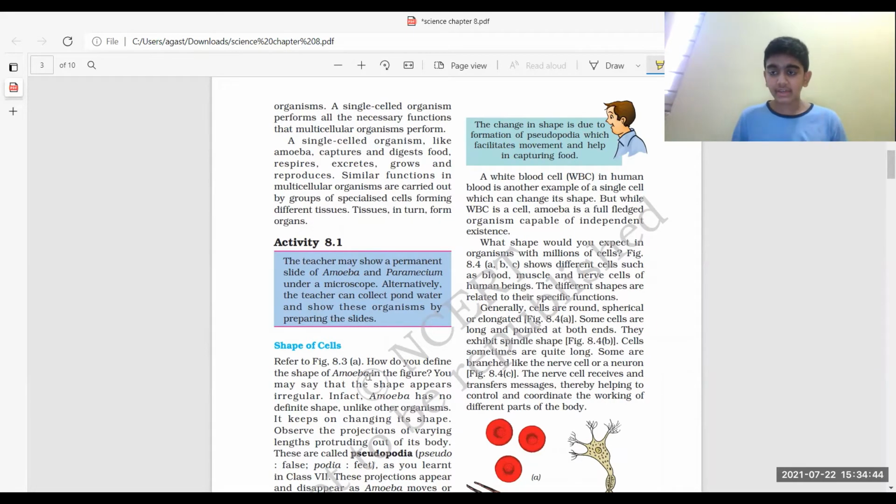Just to recap: we learned what a cell is, how a cell was discovered, cell theory, and how a cell is compared to a brick. We also learned that organisms are divided into two types depending upon the number of cells: multicellular and unicellular. We've learned these in this part 1. Now let's learn about the shape and size of cells and other topics in the upcoming parts. Okay, guys, I hope you understood the topic.